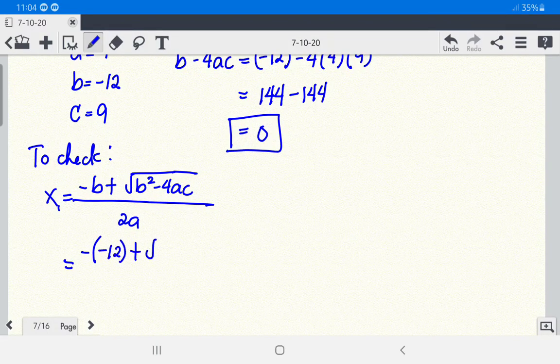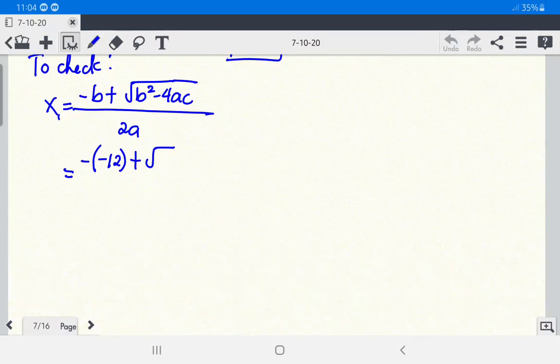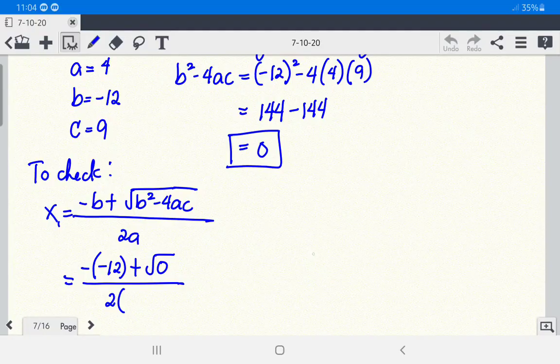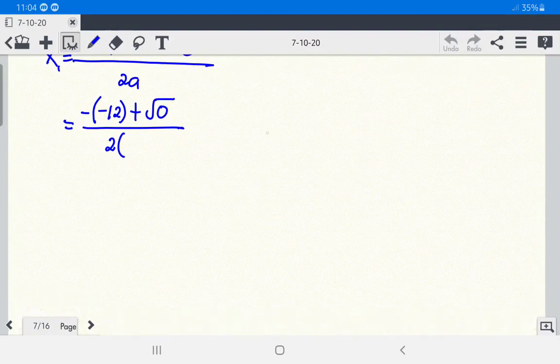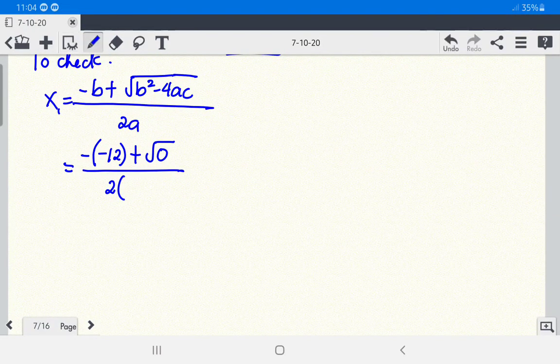Then plus the discriminant, which is 0, so we will just write here 0. Then over 2 times the value of a, which is 4. So we have negative 1 times negative 12, we have positive 12 plus 0 over 2 times 4, we have 8.